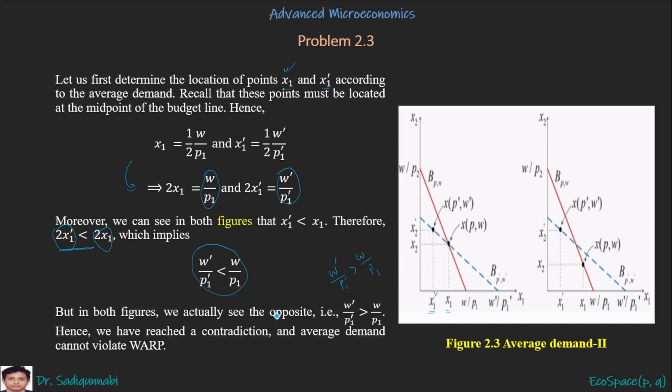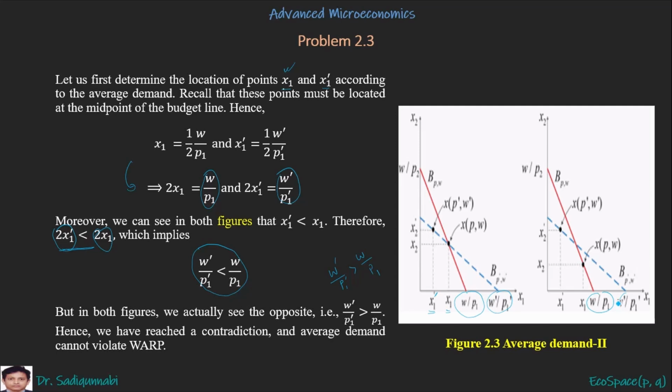This one is less than this one, which contradicts the one we have got by the logic of contradiction. So that's why we say that our assumption of violating WARP was not true, so we can say that average demand cannot violate WARP.